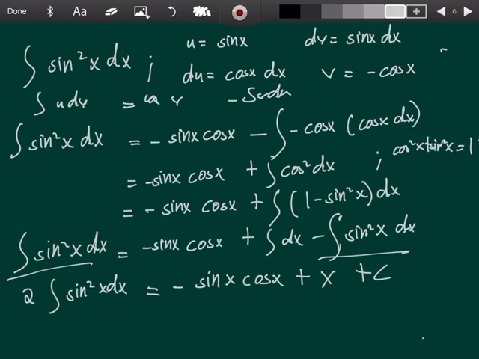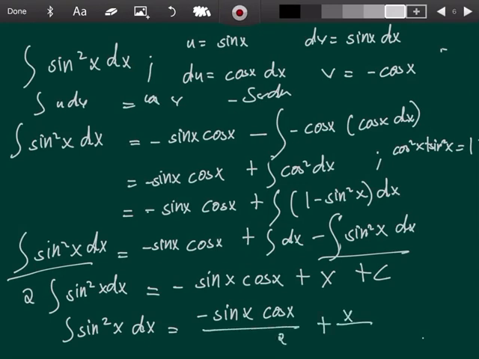So, magiging answer natin ay sine squared x dx is equal to what? This is equal to negative sine x cosine x over 2 plus x over 2 plus c.